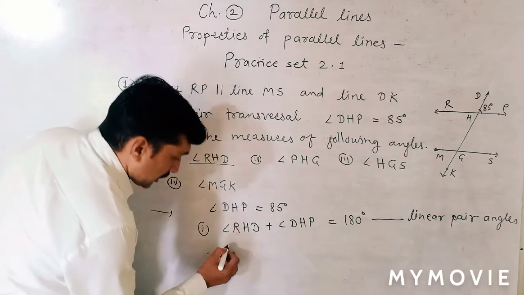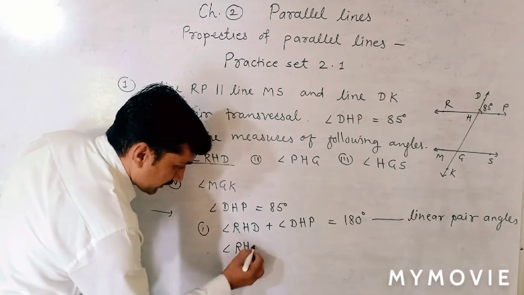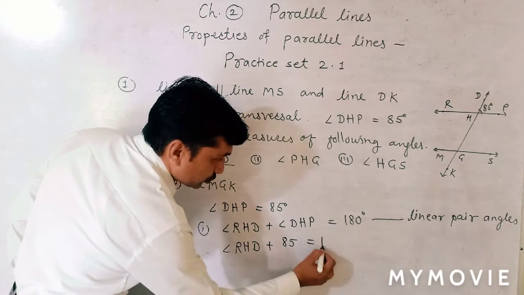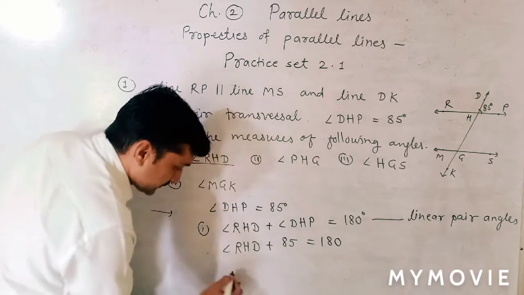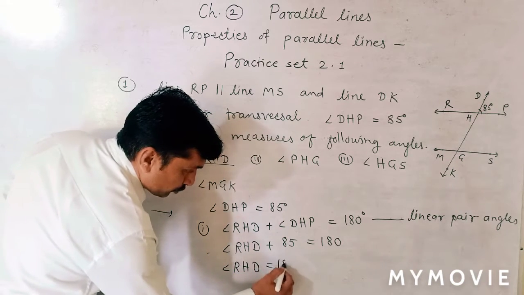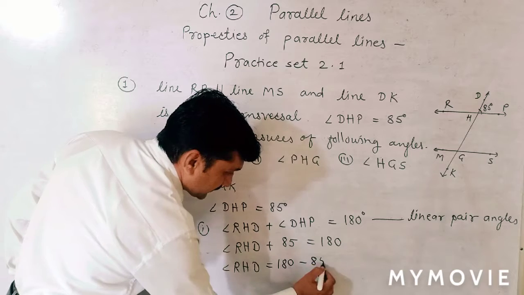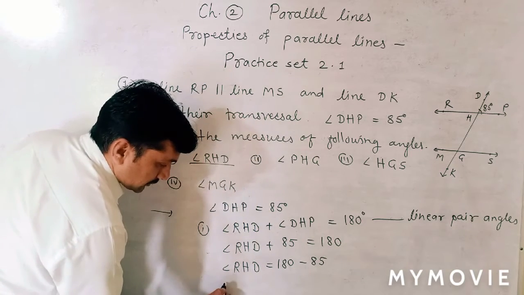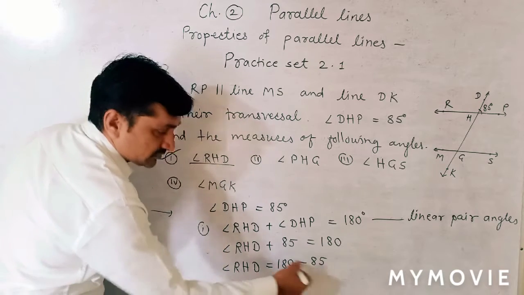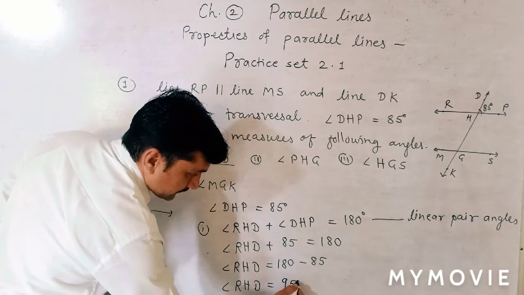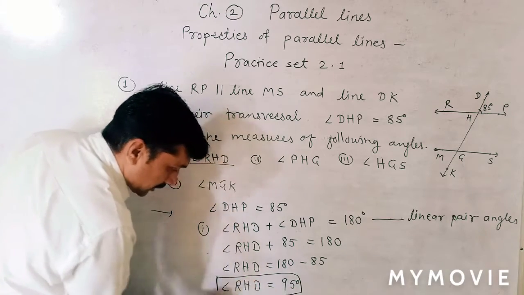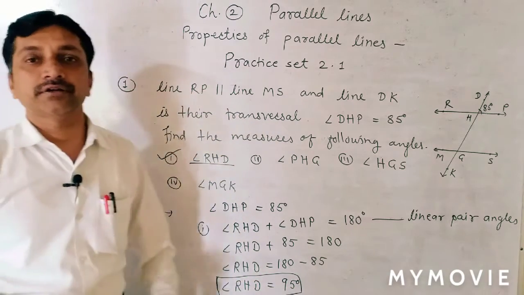Now put the values: RHD, which we have to find, plus DHP 85 is equal to 180. Let's solve it. RHD is equal to 180 minus 85, and therefore RHD is equal to 95 degrees. First angle we got here, RHD 95 degrees.